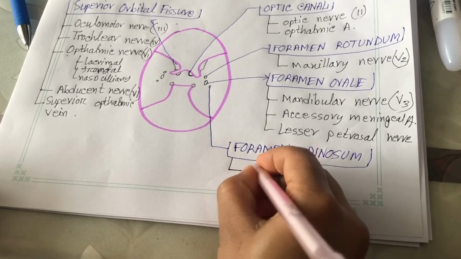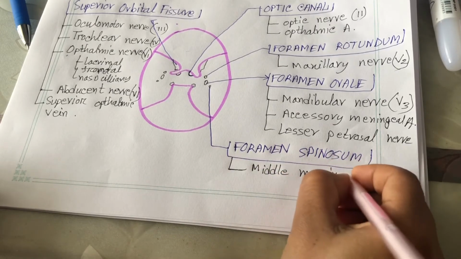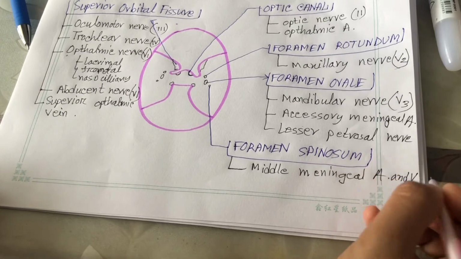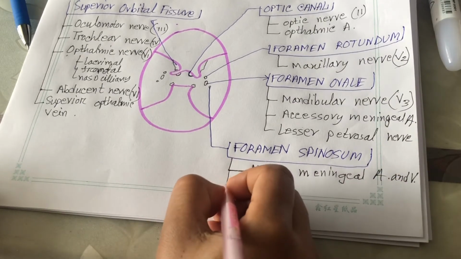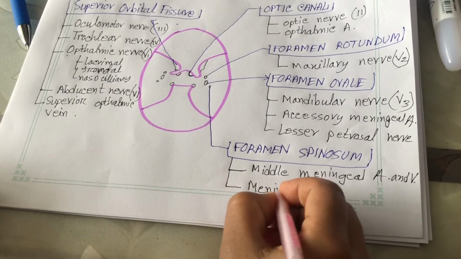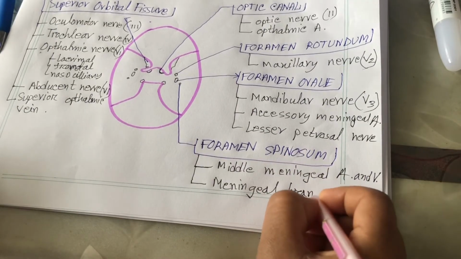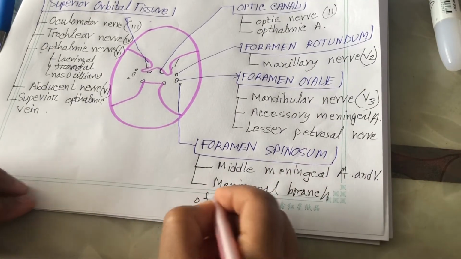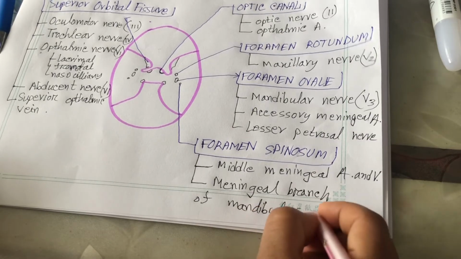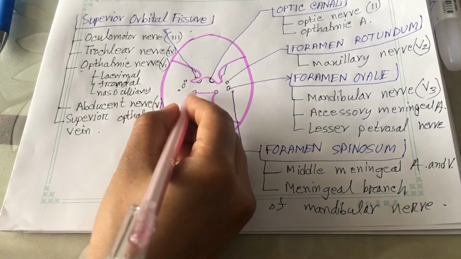So middle meningeal artery and vein, and another is meningeal branch of mandibular nerve.